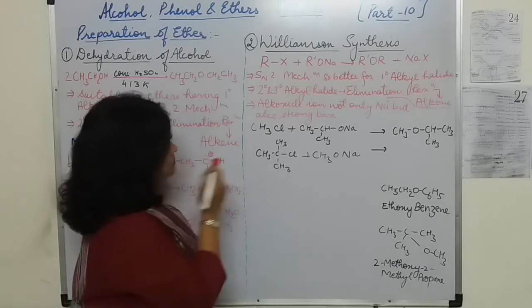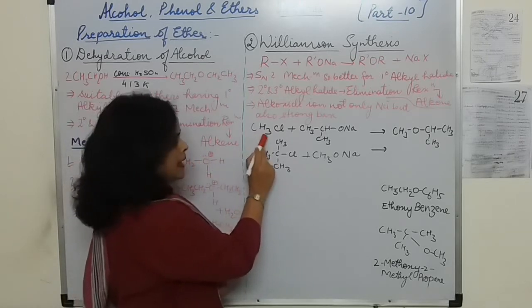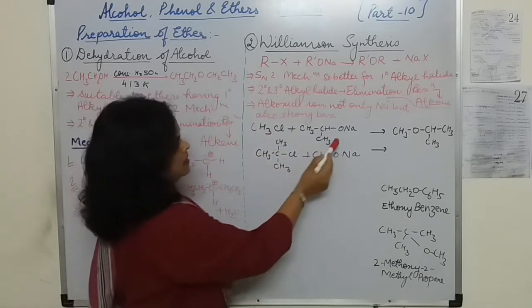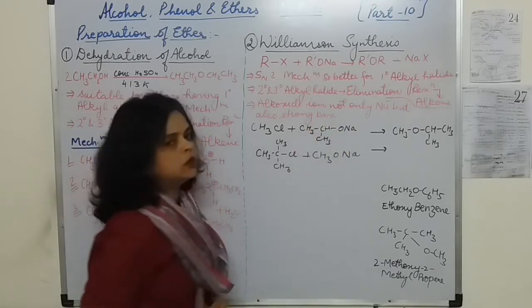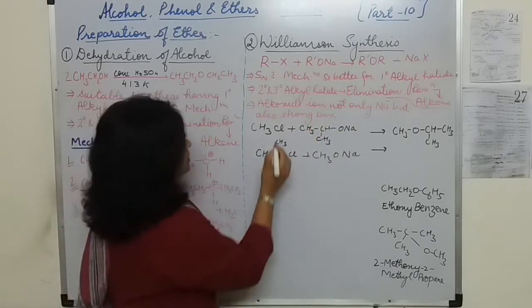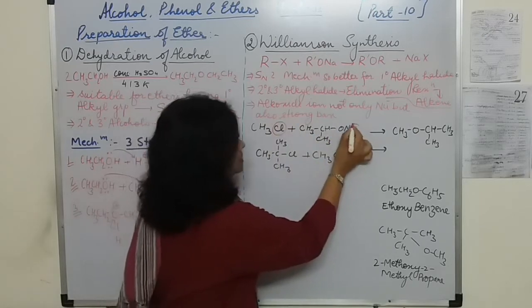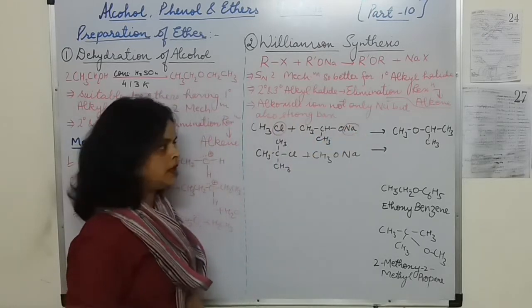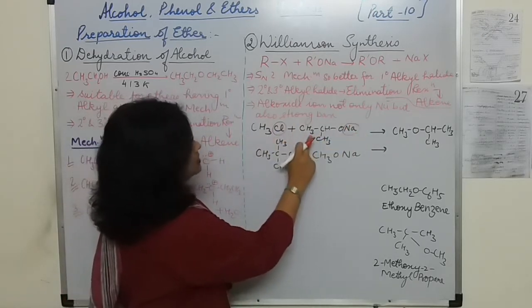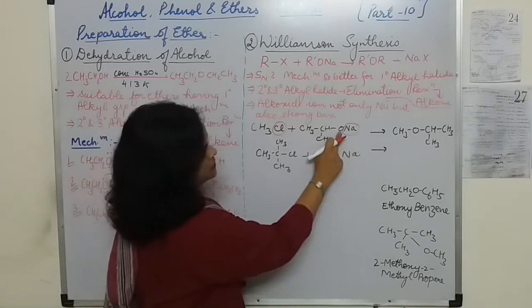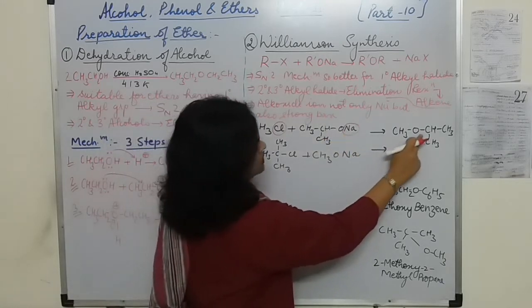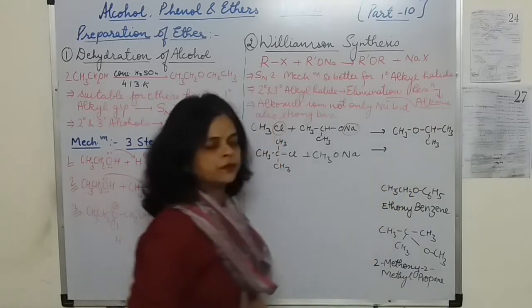See here, when we have methyl chloride reacting with this type of sodium alkoxide, what is the product formed? This Cl will combine with Na, and the product formed is CH3 attached to this O, so CH3OCH(CH3)CH3.